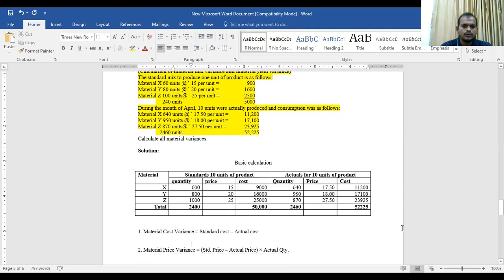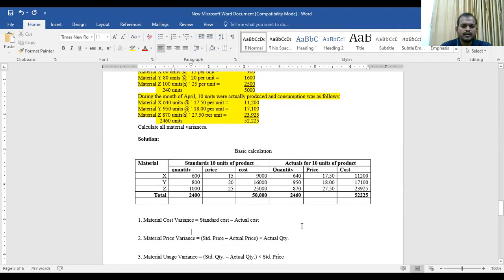So first one, material cost variance. Standard cost, how much? 50,000 minus actual cost 52,225. So how much is estimated? 50,000. How much actually incurred? It is cost variance we are calculating.